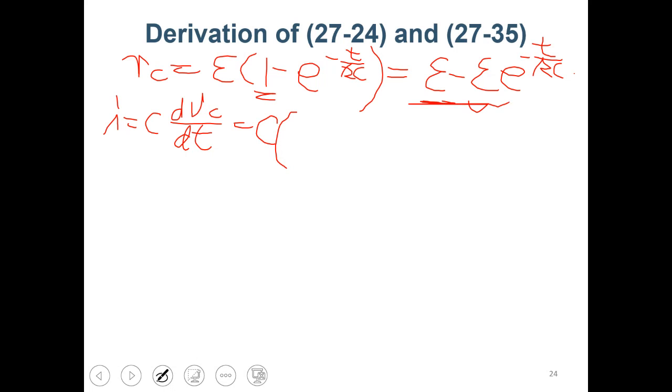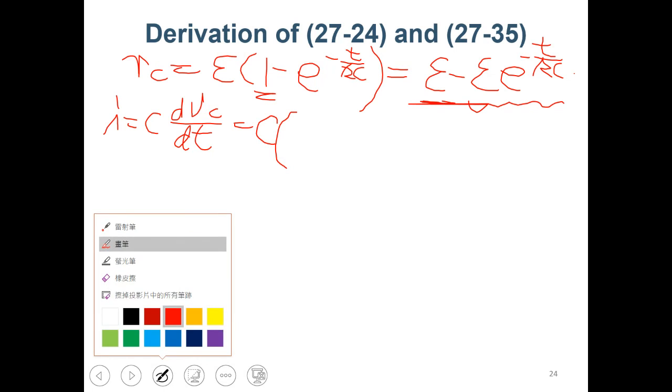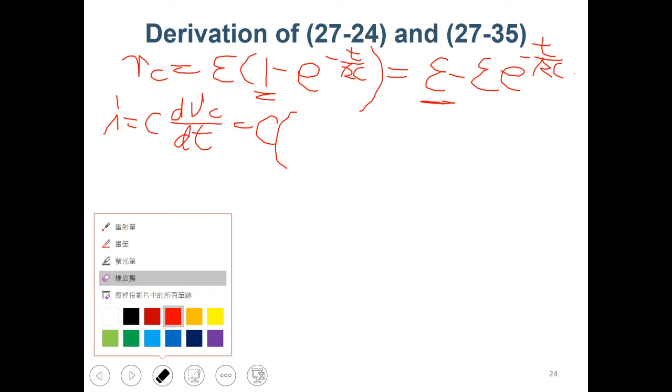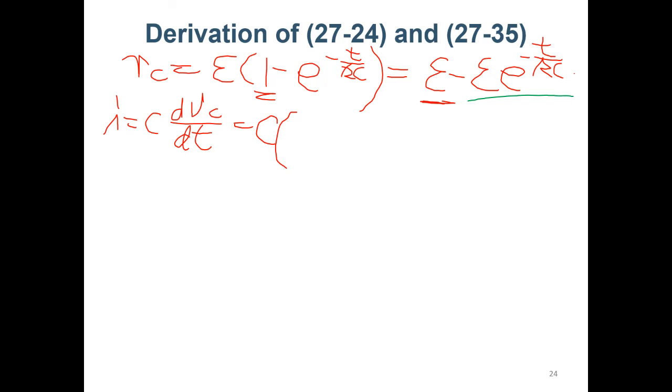And taking the derivative of this term will be minus E, and then the derivative of the exponential function is the exponential function itself, and don't forget the chain rule.